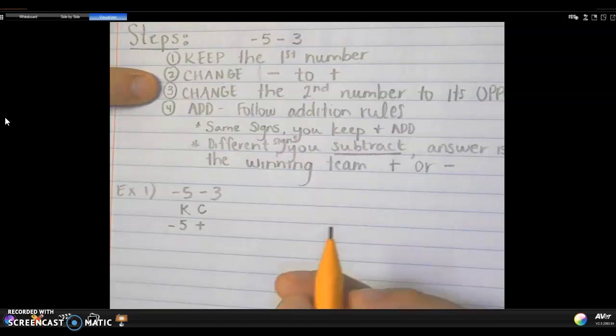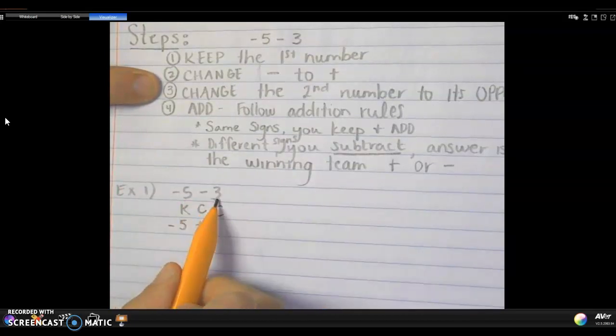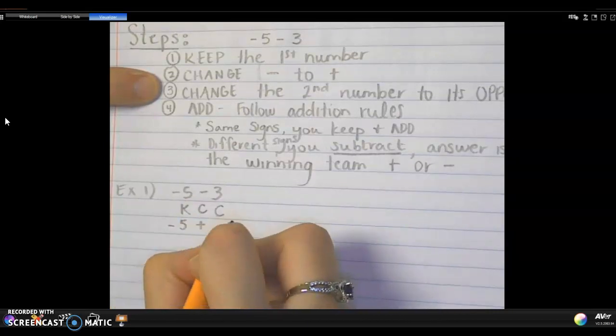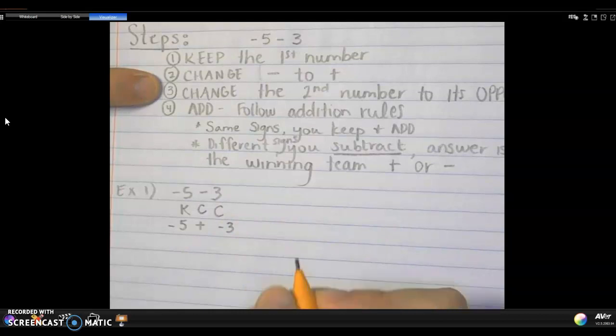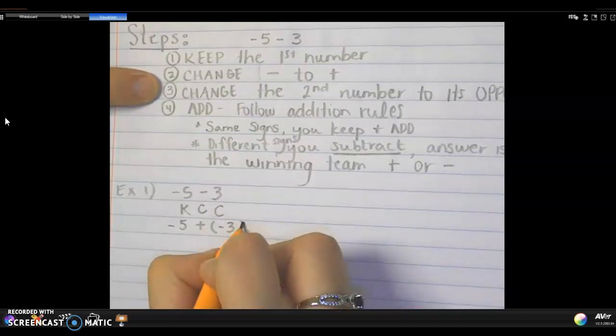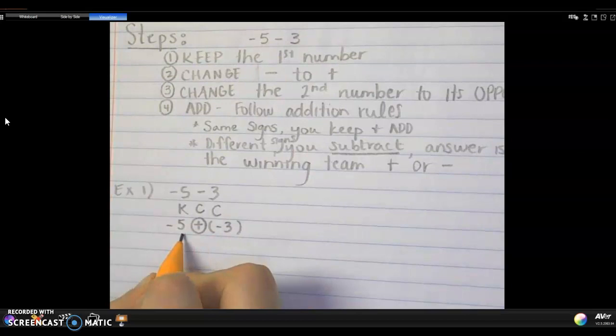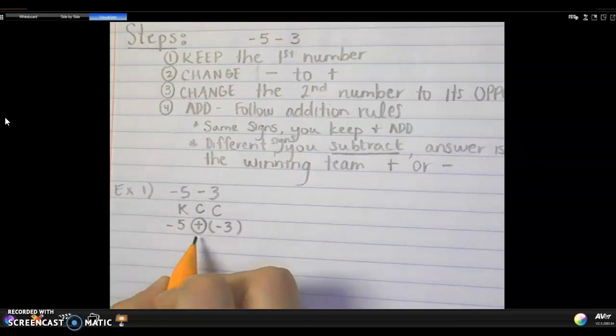Step 3, we're going to change the second number to its opposite. So I have a 3 here, and it's positive. So the opposite will be -3. And then since I have two symbols here, I'm going to go ahead and put this in parentheses to separate my symbols. So now notice how I have an addition problem, just like yesterday.